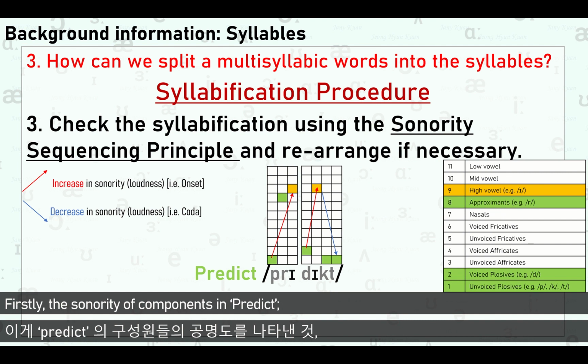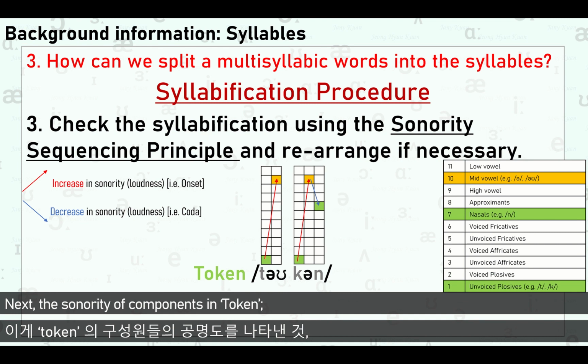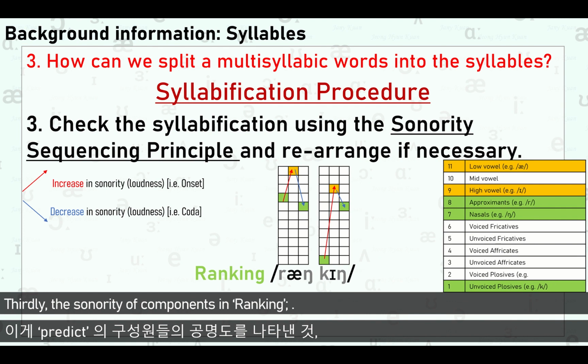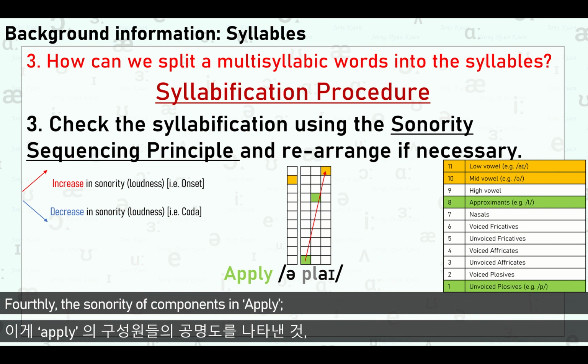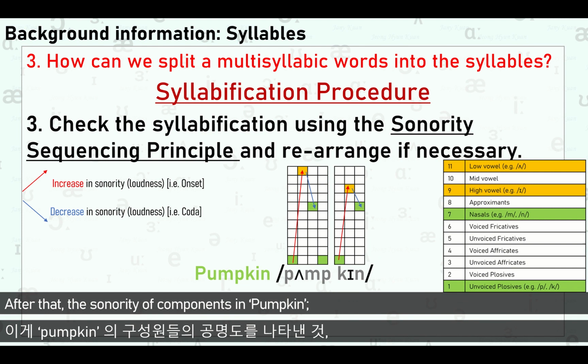Firstly, the sonority of components in predict. Next, the sonority of components in token. Thirdly, the sonority of components in ranking. Fourthly, the sonority of components in apply. After that, the sonority of components in pumpkin.